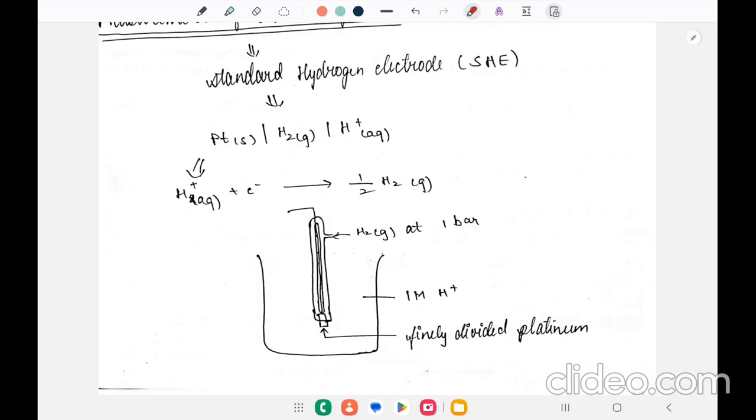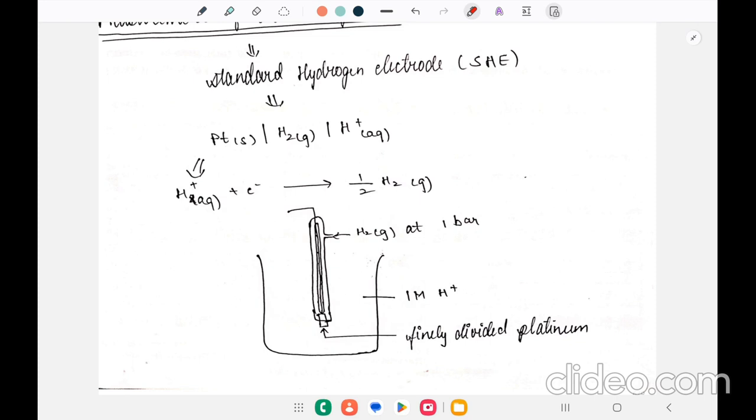So we can measure the EMF by combining this standard hydrogen electrode as the anode with another half cell as the cathode, resulting in the standard reduction potential of the other half cell, that is the cathode.